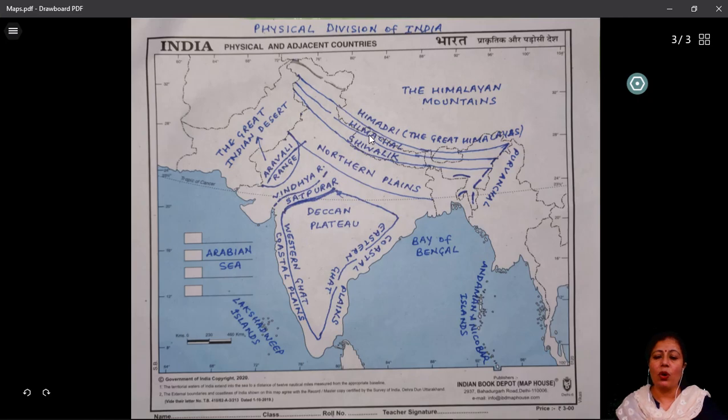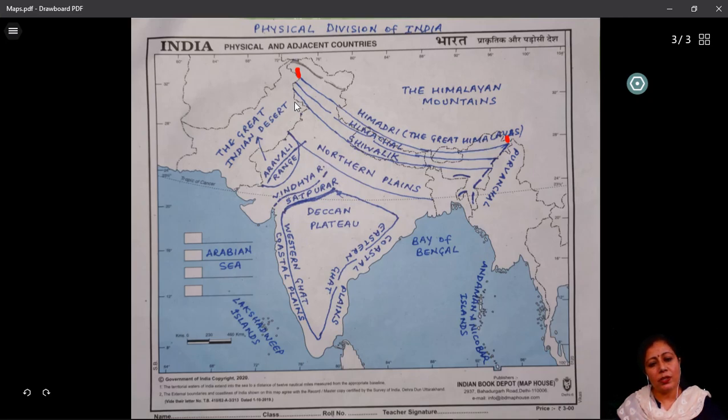It starts from this point, and you have to mark this without breaking it, till Arunachal Pradesh here. This is the first mountain range, Himadri or the Great Himalayas.